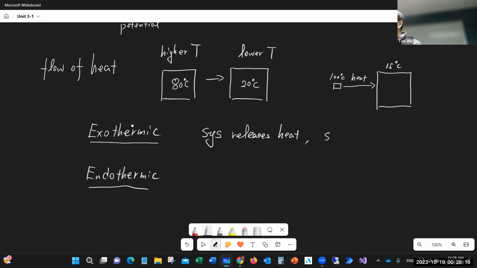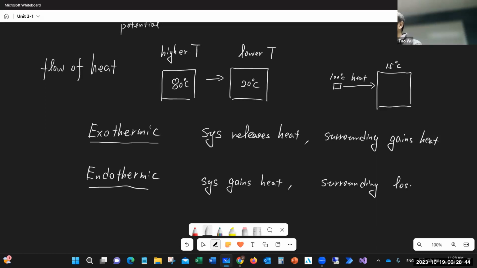And then the surrounding is going to gain the heat. And the endothermic goes the opposite way, which means the system gains the heat and the surrounding is going to release the heat, or lose heat.